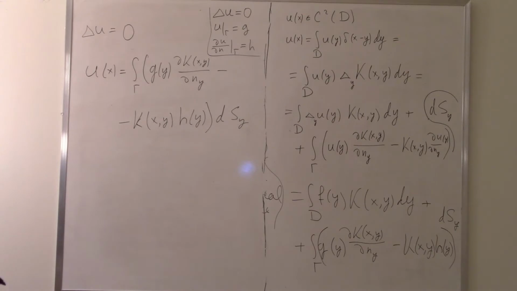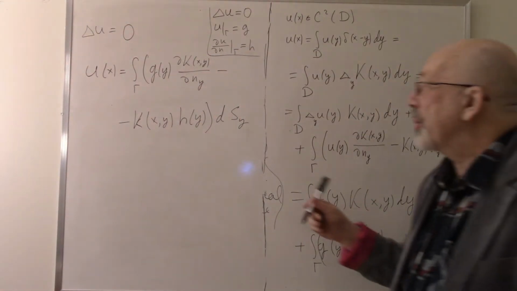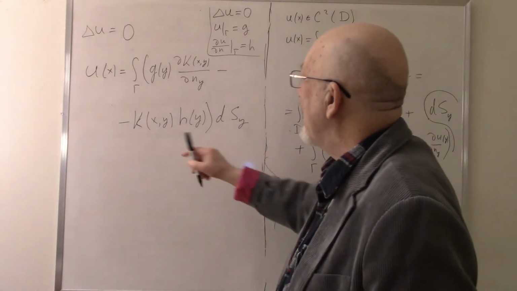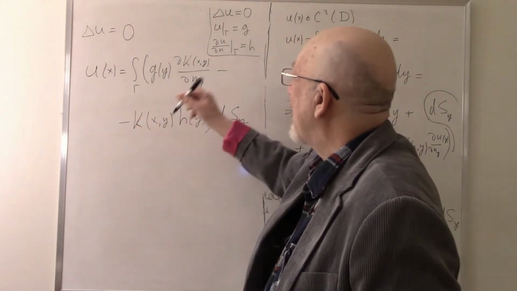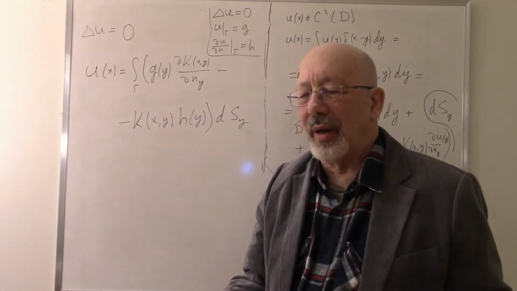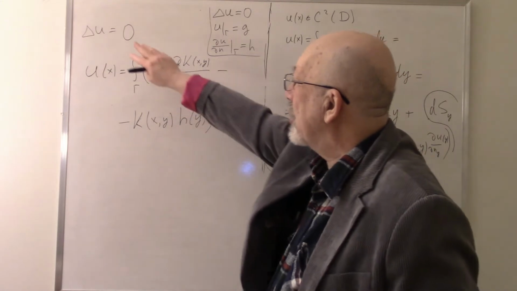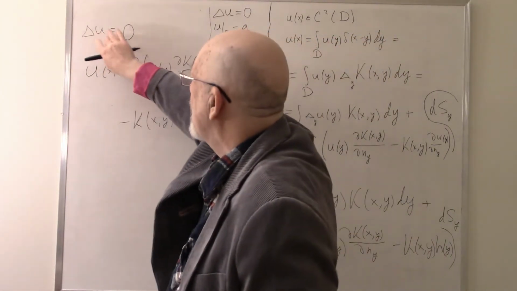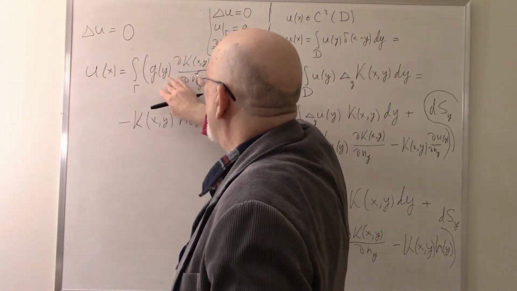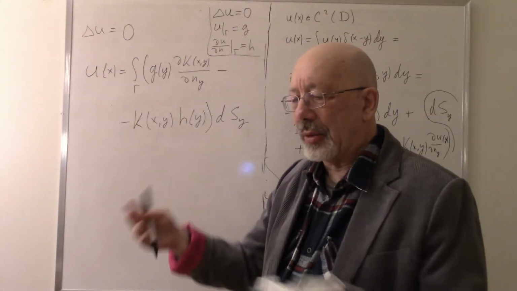This formula also does not say much, because if you have just g, then you are able to find the unique solution u such that the Laplacian of u is 0 and on the boundary u equals g, and h will be found afterward.